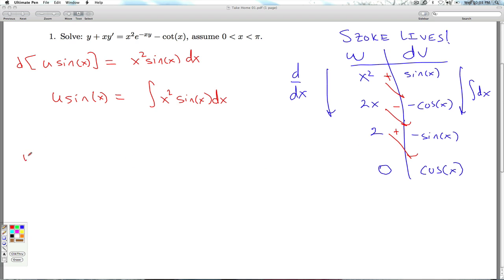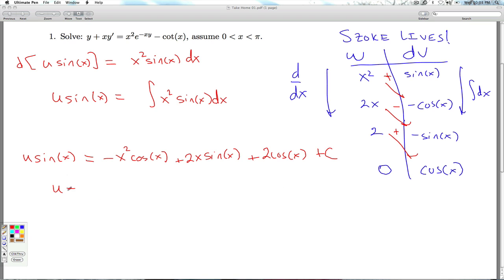And so I have u sine x equals minus x squared cosine x plus 2x sine x plus 2 cosine x plus c.